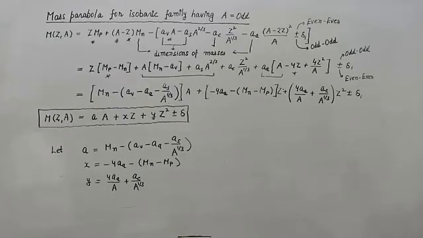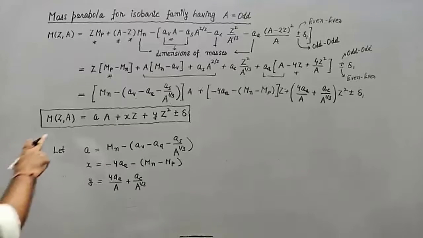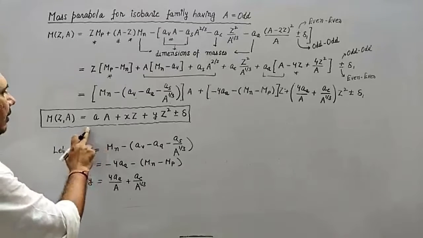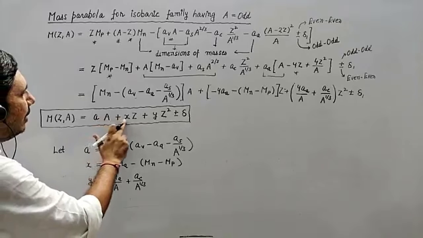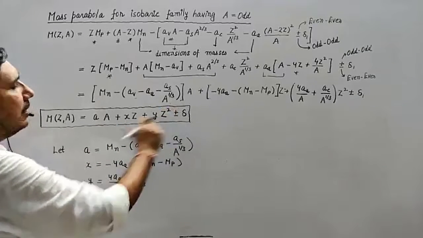So these three bracket terms are assumed as a, X and Y respectively. So my equation for the mass of the nucleus will become M(A,Z) equals a plus XZ plus YZ square plus minus delta.